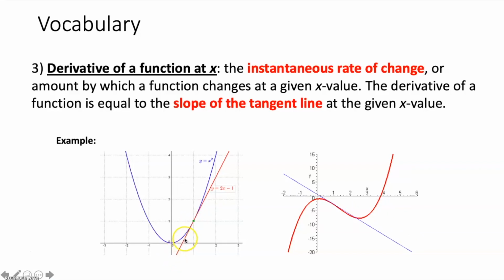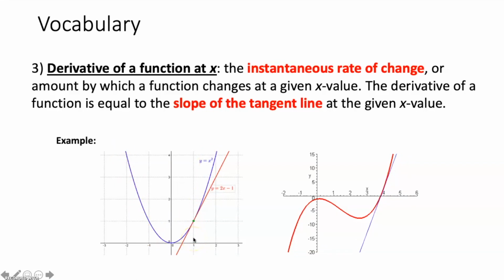So here we have this red tangent line that goes up, touches the curve at one particular point, and then continues on. This tangent line, if I were to find the slope of it, will give me the derivative of my blue function at x equal to 1. It will give me my instantaneous rate of change at one particular x value, x is equal to 1. It'll give me the slope of my function at one particular x value, x is equal to 1.